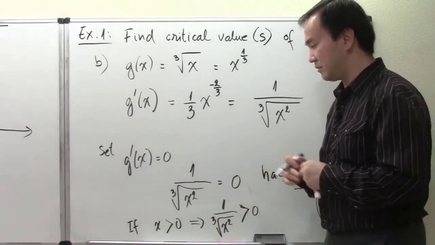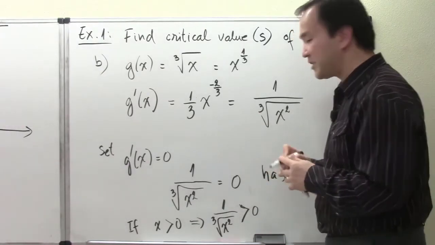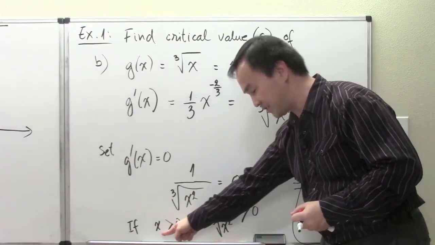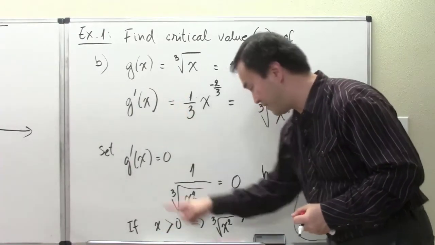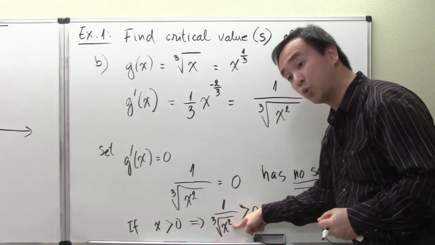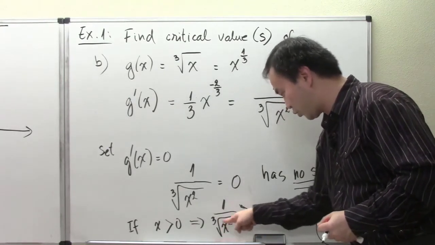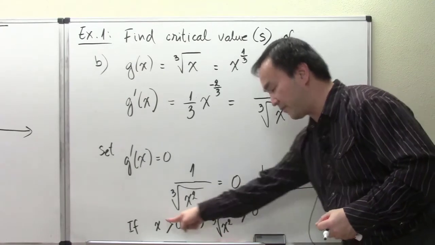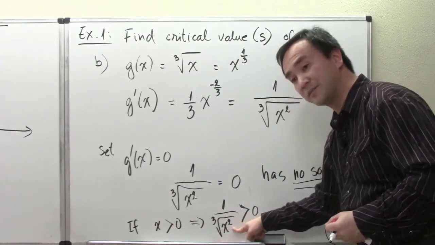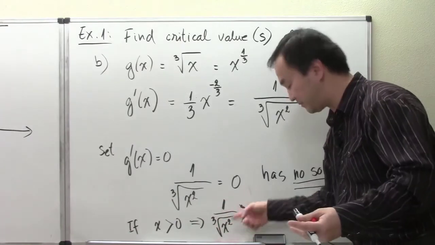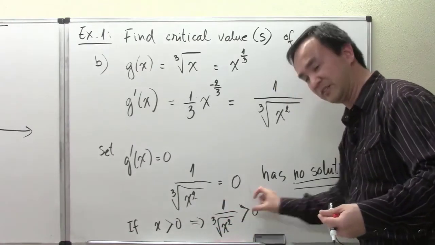Okay, so you can quickly test out what I meant right there. Here I'm using a general proof. If x is a positive value strictly above 0, then substituting in, because due to that square inside the cube root, the square of any value is going to make it positive. Cube root of a positive number is positive, so 1 over that positive turns out to be positive.